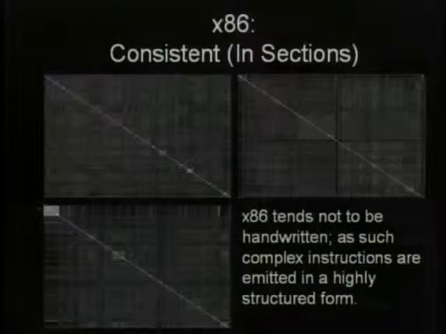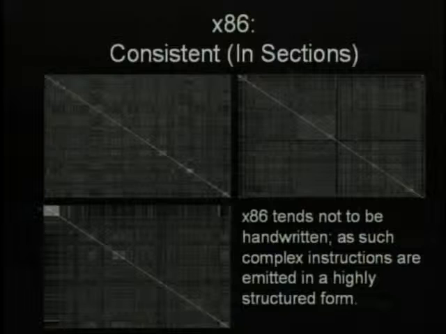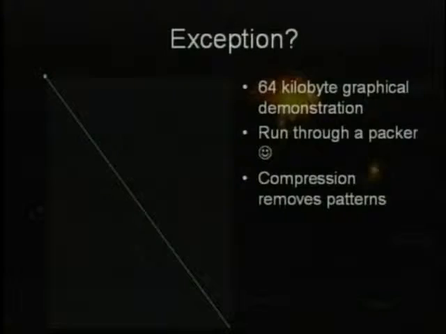x86 is actually pretty consistent in sections. It tends not to be handwritten. There are exceptions in this room. So as such, complex instructions are emitted in a pretty regularized form. There is an exception. Someone said, you should totally grab some really tight hand-coded assembly. And I'm, of course, demo scene. Awesome.